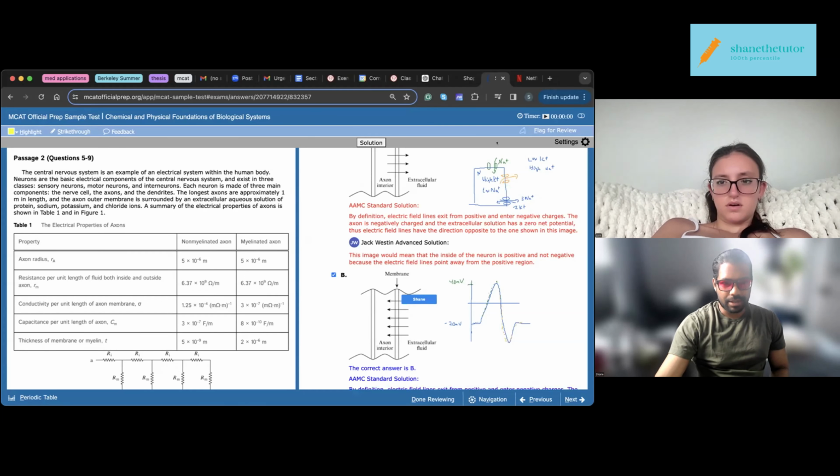But if K is positive, then the thing would want more sodium so that it would be overall negative.